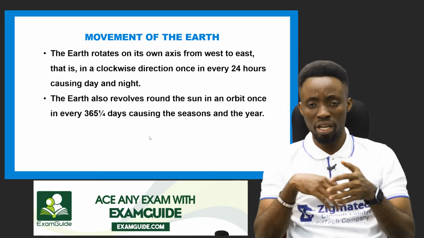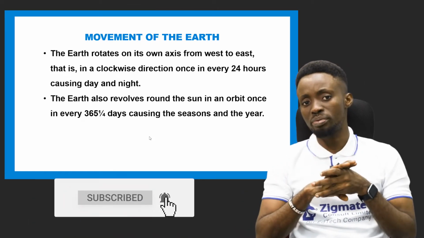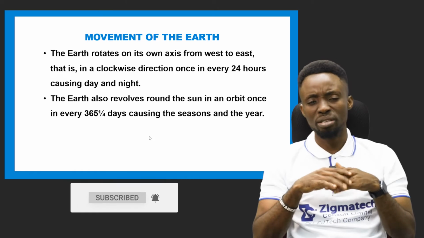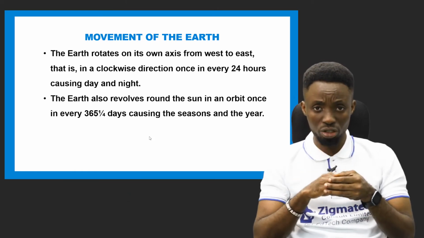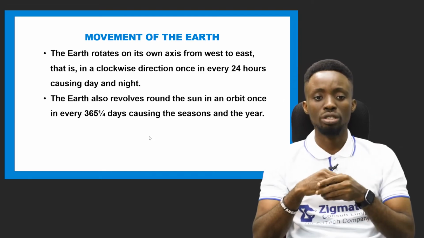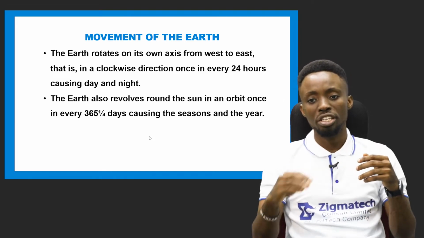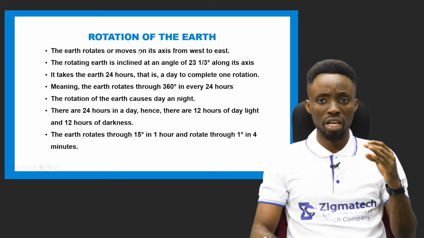Revolution is when the Earth goes round the sun in its elliptical orbit, and it takes about 365 1/4 days. And this revolution brings about change in season, and it also causes what? Change in year.